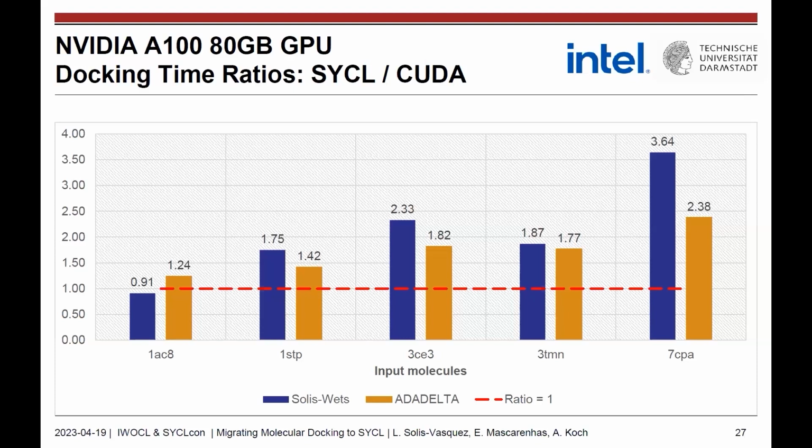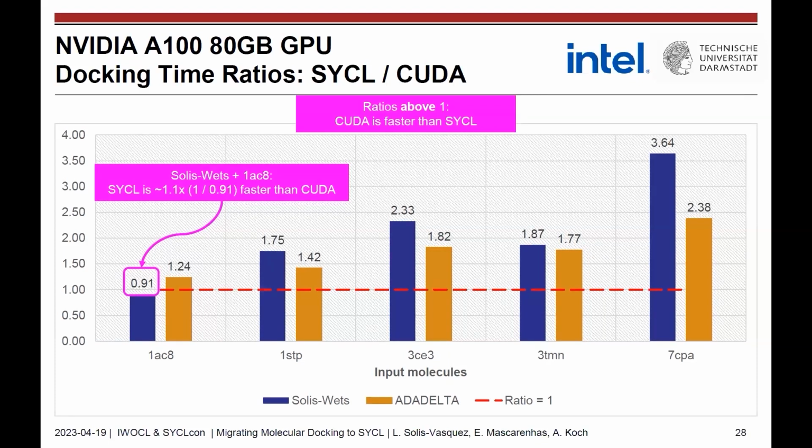Here again, we're comparing the docking time ratios, in this case between SYCL and CUDA on the A100 GPU. For these cases, those ratios above the line mean that CUDA is faster than SYCL, with the exception of the case on the left, in which SYCL is barely faster than CUDA, 1.1 times faster.